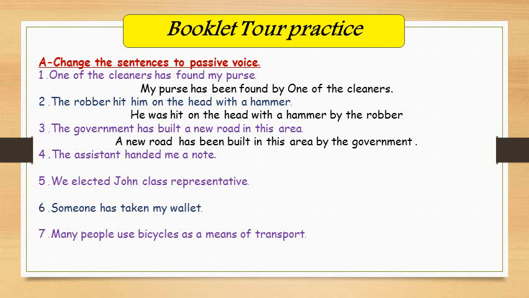Try to think about it. Yes, here in this sentence we have two objects, me and a note. I can say, no problem, a note was handed to me by the assistant, or I was handed a note by the assistant.